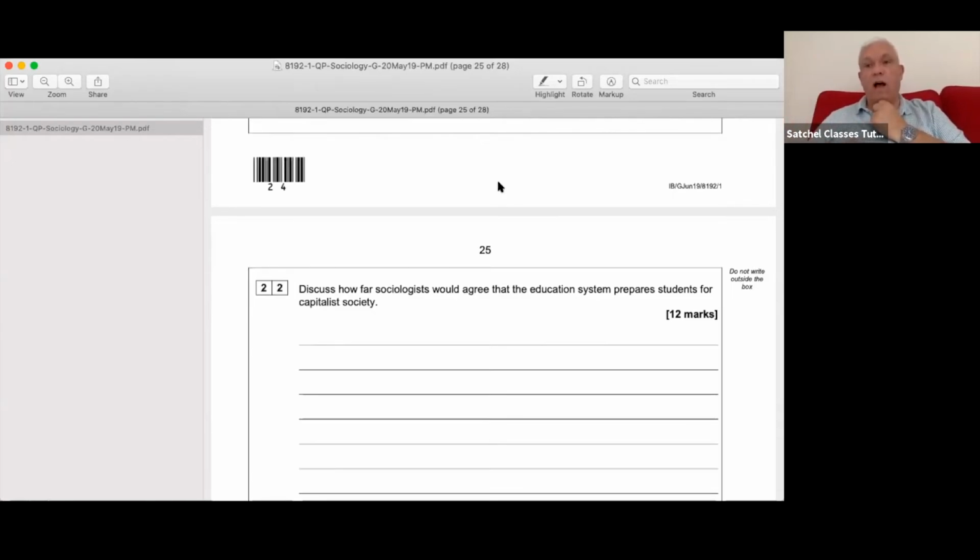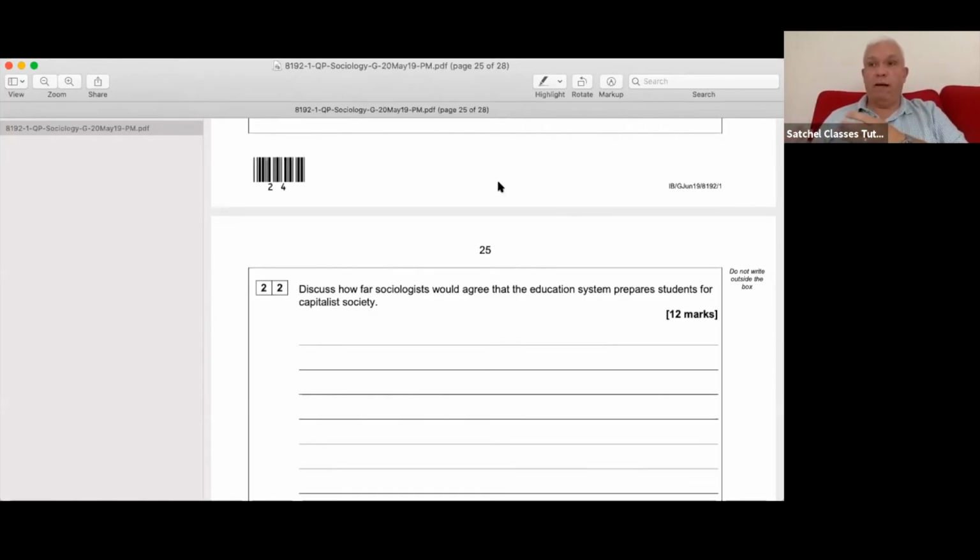So if you get 10 points on each of those 4 12 markers on each paper, that's 40% of your grade already. And on just 40%, you're probably looking at a grade 4, bordering on 3 or 4.